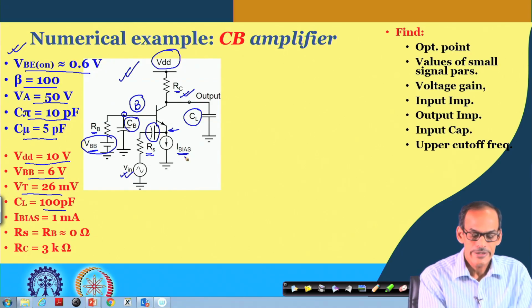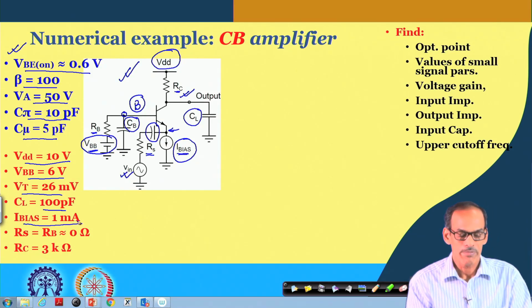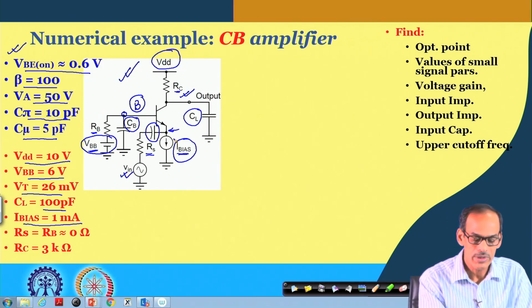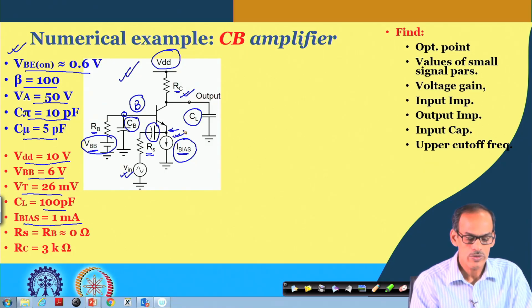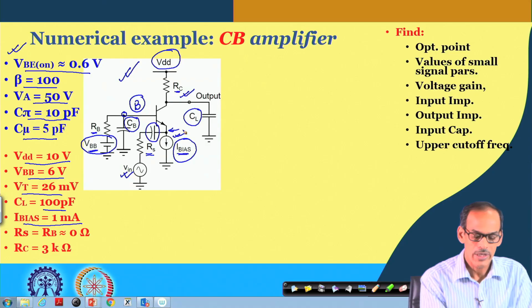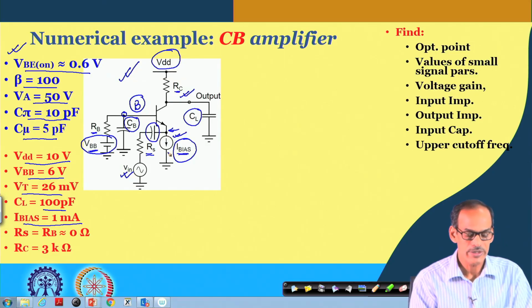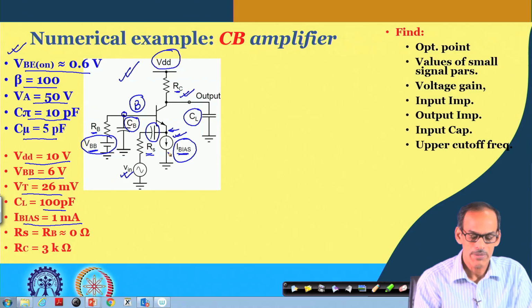Now, in this bias circuit we have I_bias, which is given as 1 milliampere. For the time being in this numerical example, we are considering this emitter bias to be ideal, so we do not have any associated conductance of this bias circuit. In later examples, we will be replacing this ideal bias by resistive bias.